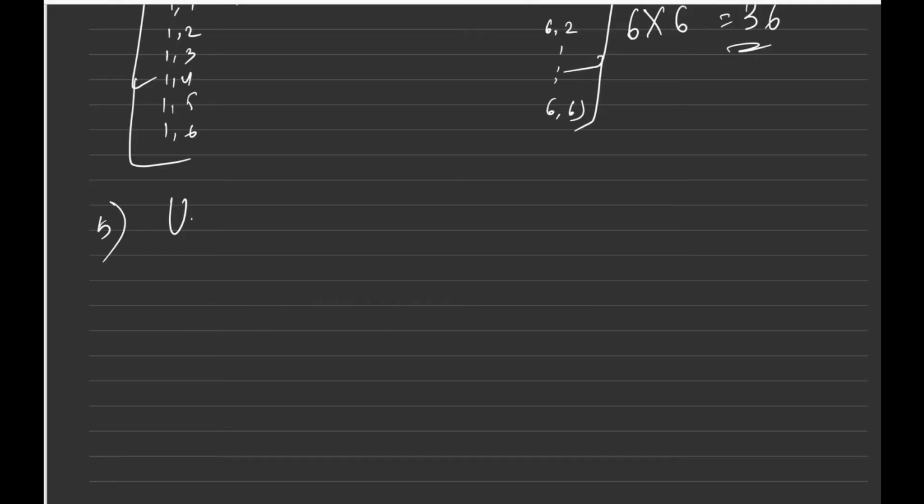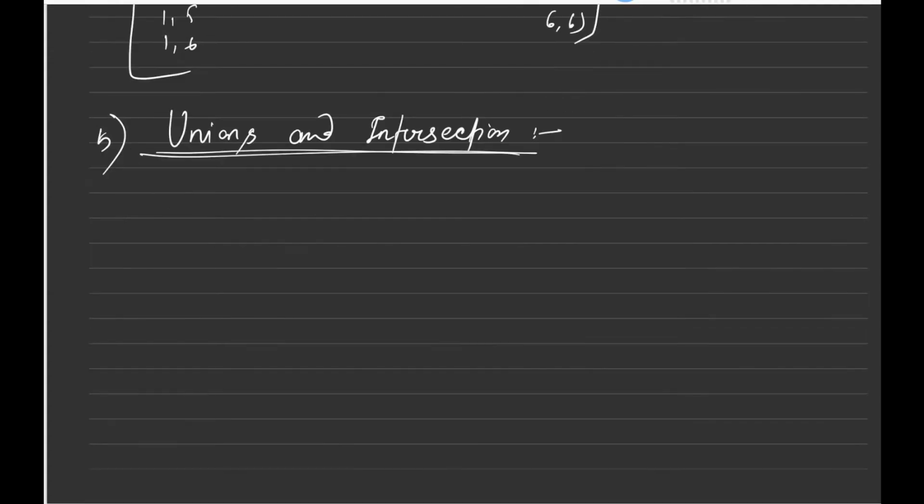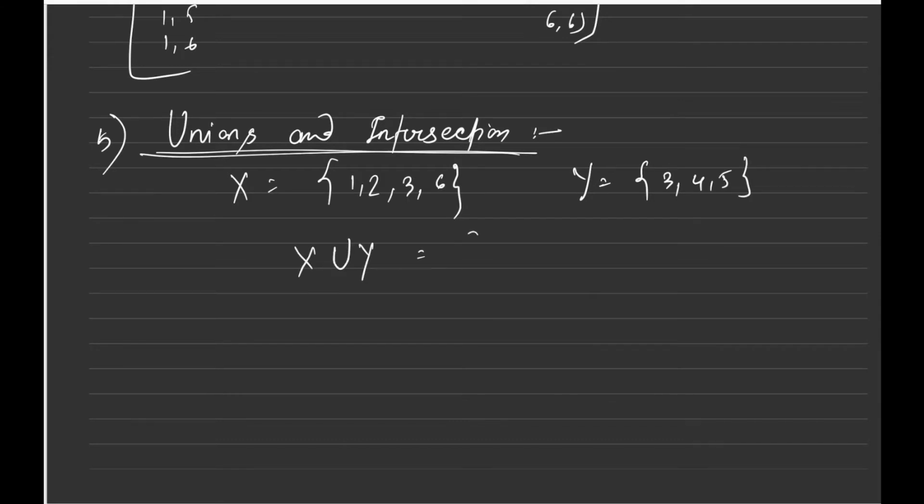Another key term we need to understand is unions and intersections. So union means, if I have, let's say, x equal to 1, 2, 3, 6, and y equal to, let's say, 3, 4, 5, and I say, hey, x union y, that means it's a combination of all the elements.